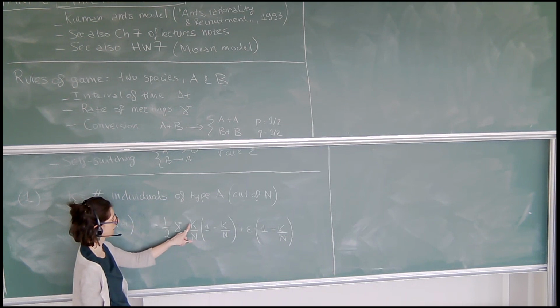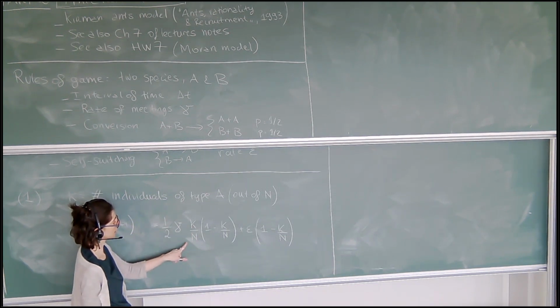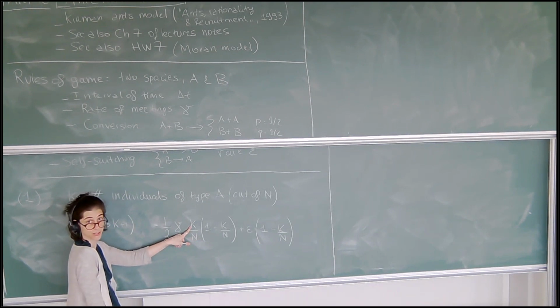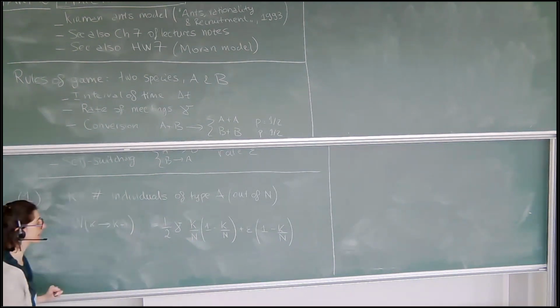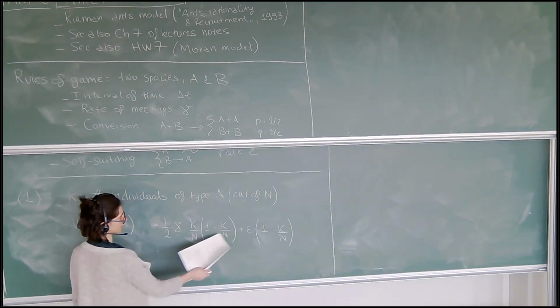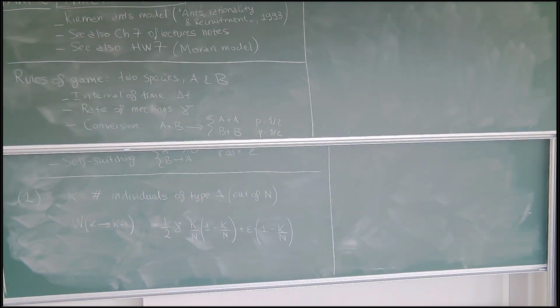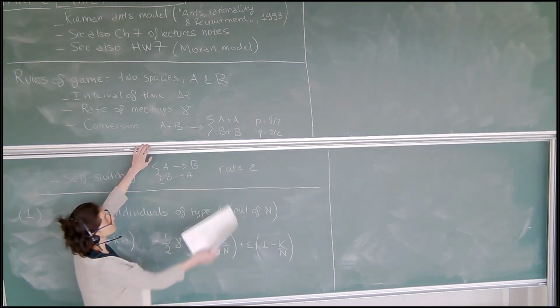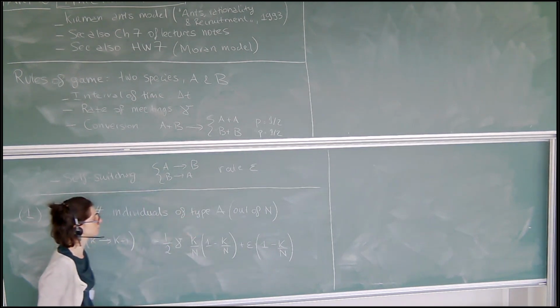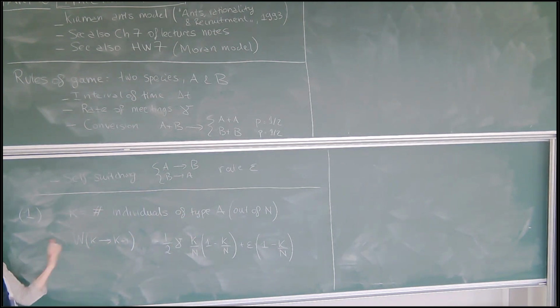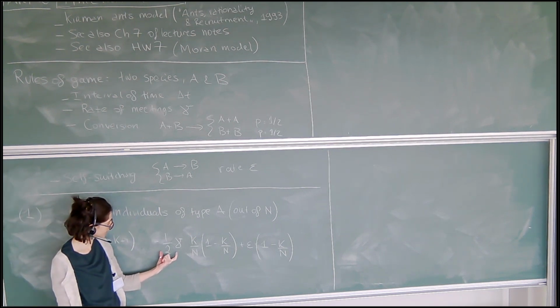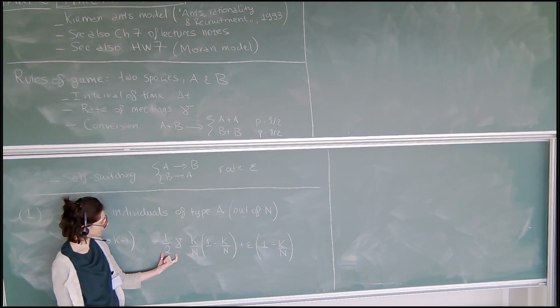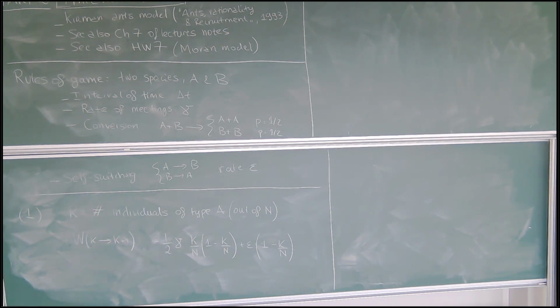So you need one of them to be of species A, and this will happen with a probability equal to the fraction of individuals of species A, so it's k over capital N. The other one has to be of species B, so this is the corresponding probability. And then when they meet, a conversion will occur, and you have an equal probability that the conversion is good for the individual of type A, so that the type B converts and becomes type A and you increase your population, or the conversion can go on the other side. The probability for the good conversion to occur is encoded in this factor 1/2.